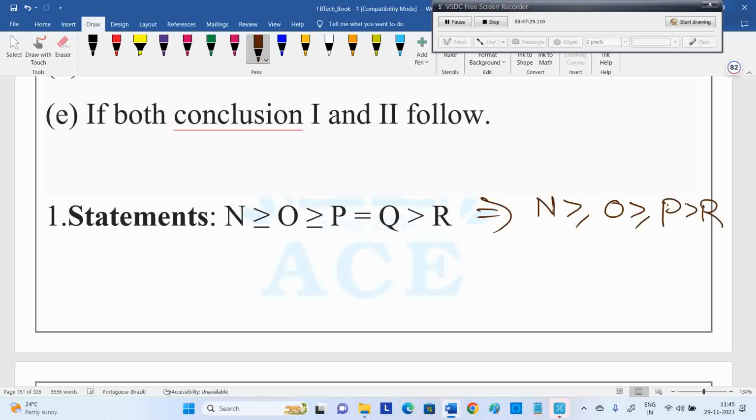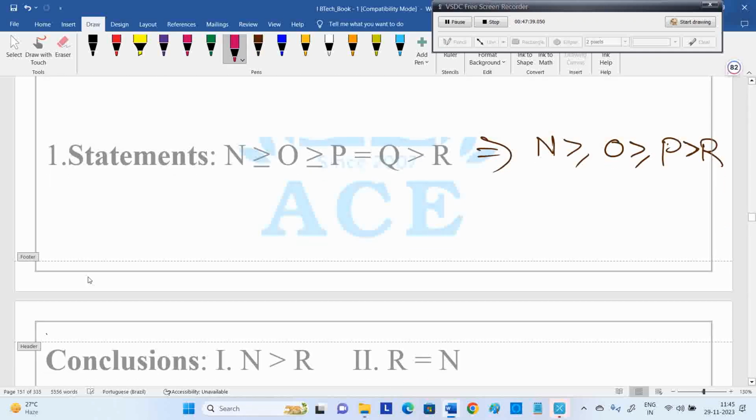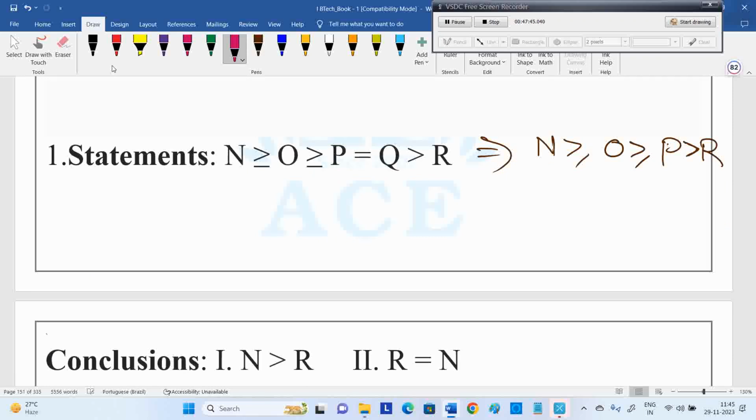Now, from N to R, is there any common symbol? Greater, right? So I can say N greater than R. Throughout the path N to R, there is a common symbol greater. N greater than R is correct.